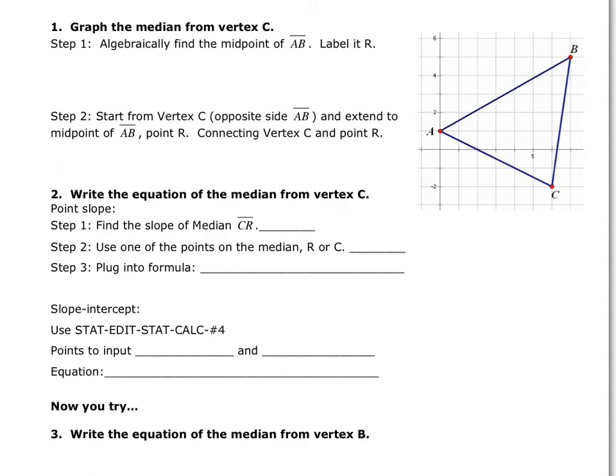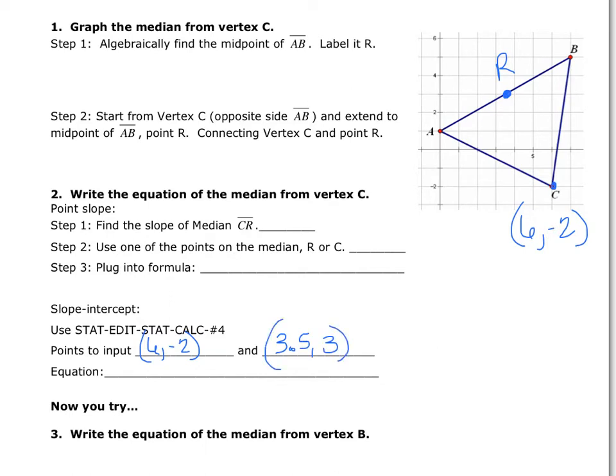Now remember, you can also put it in slope-intercept form if you use your calculator in Stat Edit, Stat Calc. To do that, you need any 2 points that are on the line. So remember, C right here is at 6, negative 2. So that's one of the points you can put in your calculator. And remember, here is our 1, 2, 3.5. There's our R. So we already have that as a point as well, that it's over 3.5, up 3.